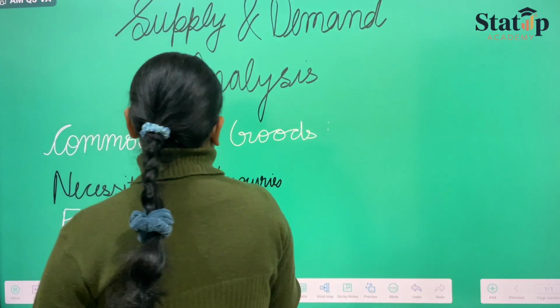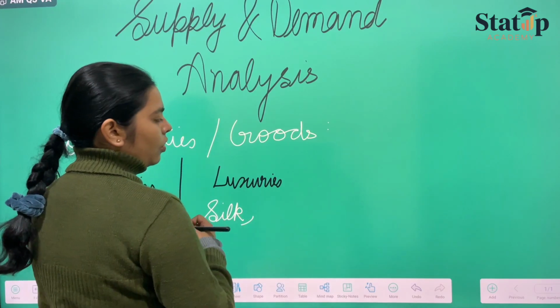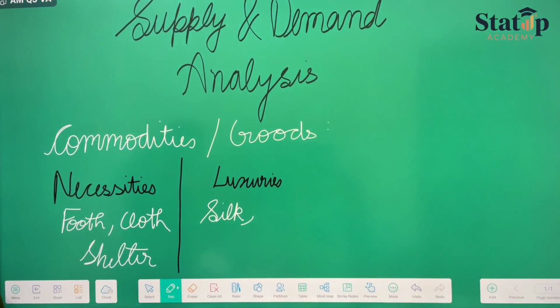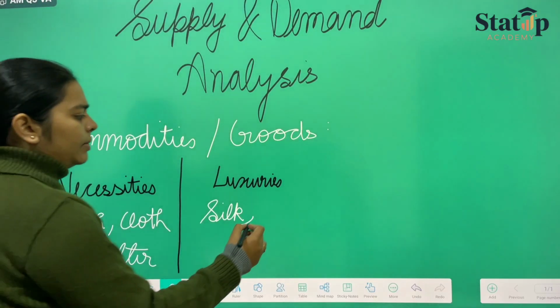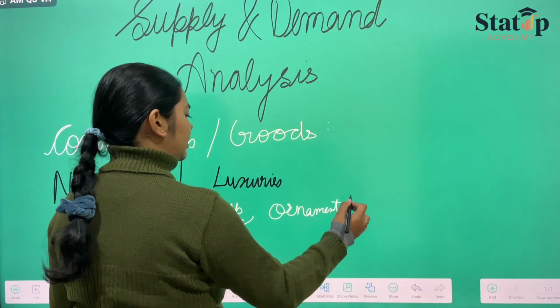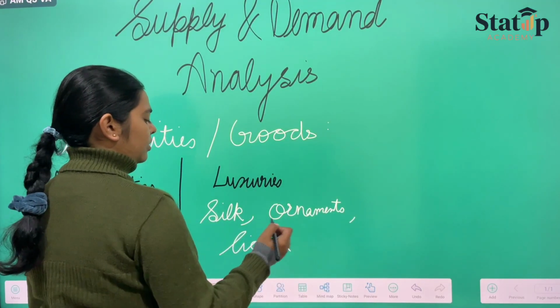Luxury is buying silk cloth, ornaments, or liquor, anything of that sort.